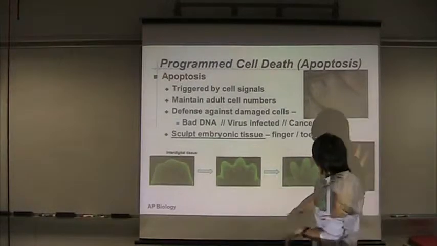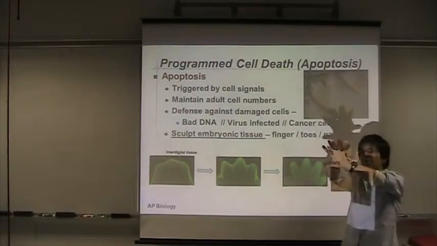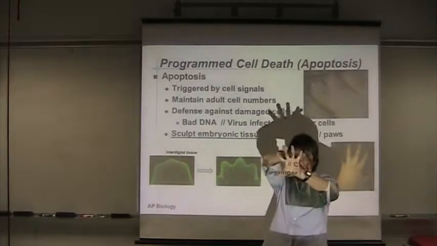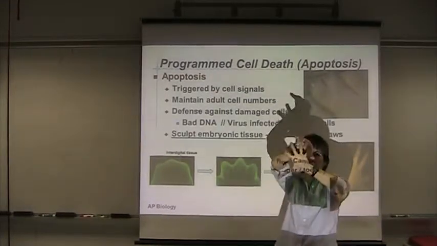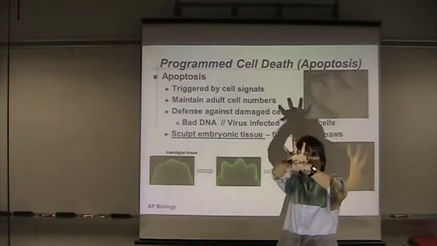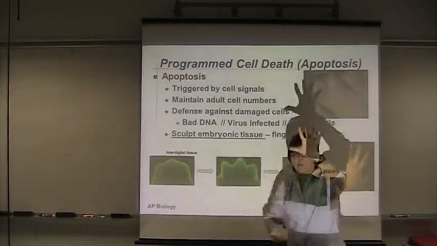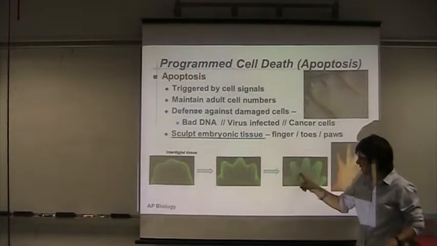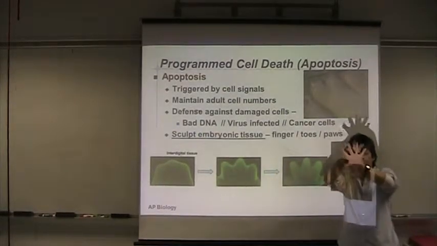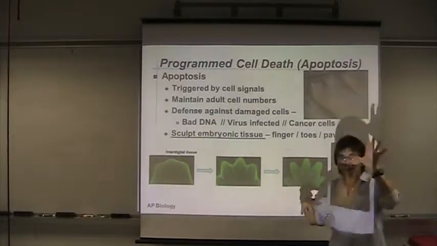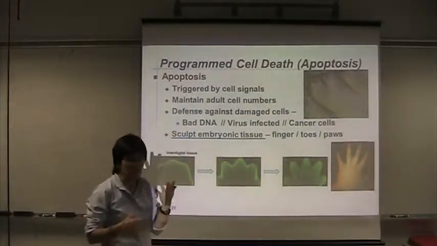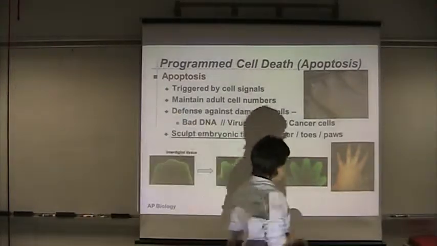So if you look at your hands, we have 5 fingers or 5 toes, but if you look at the hand of an embryo, it is actually all with a membrane. How do we become 5 separate fingers? It becomes 5 separate fingers because you have had apoptosis. All those cells in between have been destroyed or self-destroyed, and you end up with the fingers.